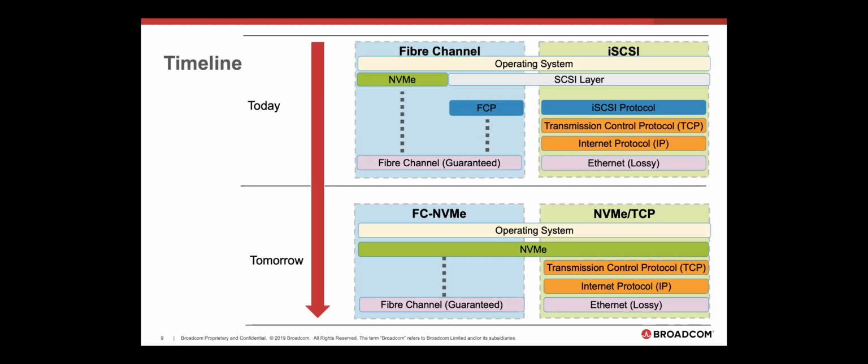Whereas if you look on the Ethernet side, if we start with SCSI, there you have iSCSI. It depends on TCP/IP for flow control, and then it runs on a lossy network.